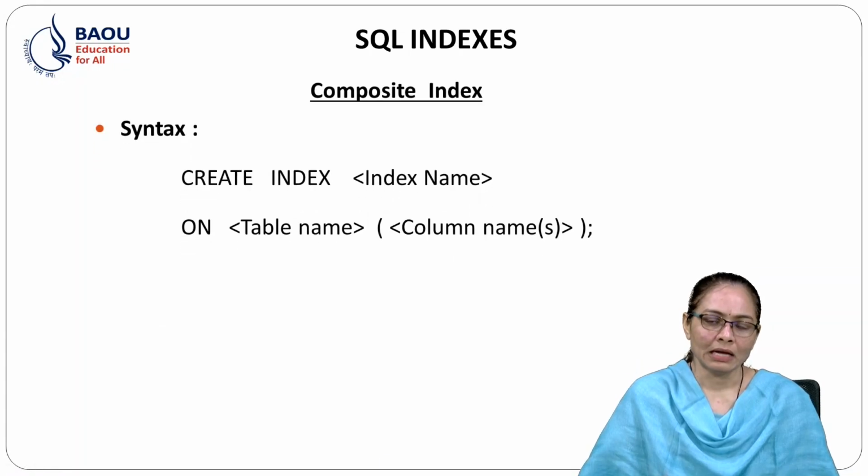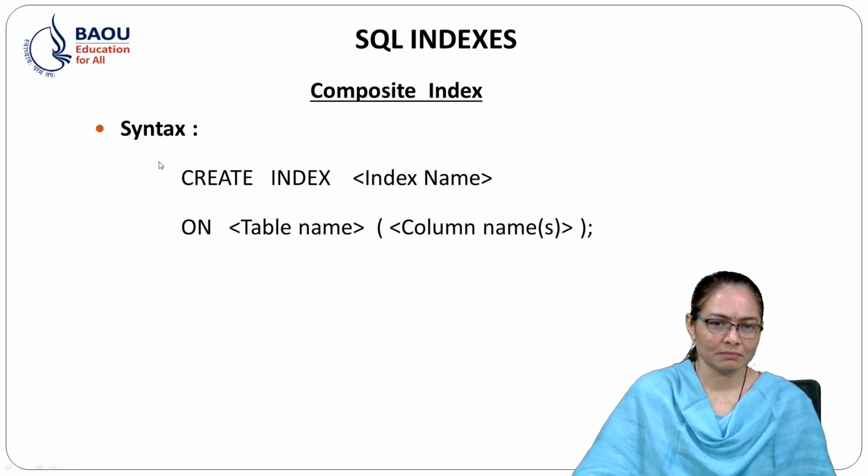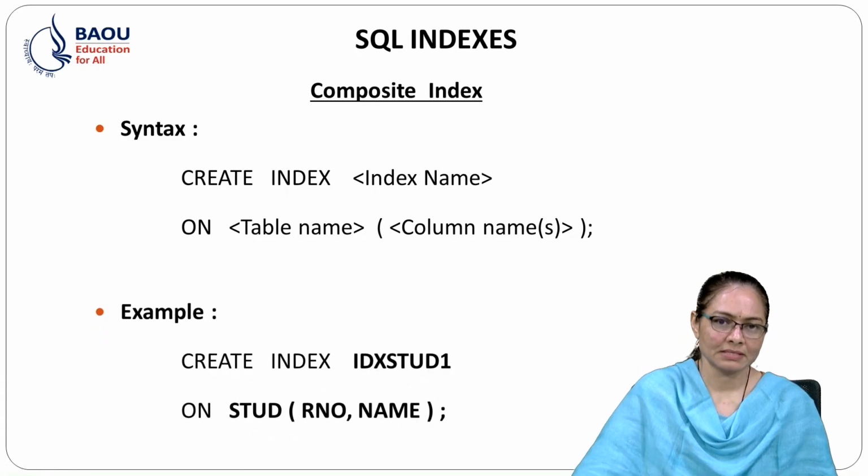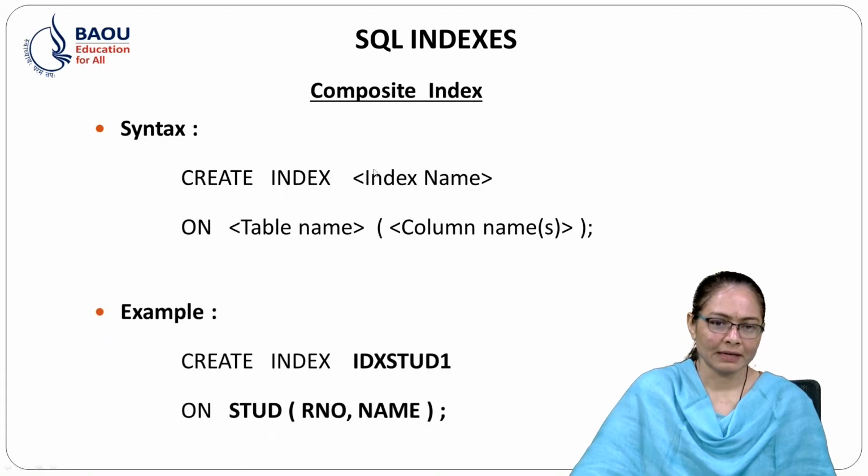Now, how to create the composite index? An index created on more than one column is called a composite index. See the syntax, with minor changes: here there are more than one column. See the example: create index, then index name, on stud, in the brackets roll number comma name.